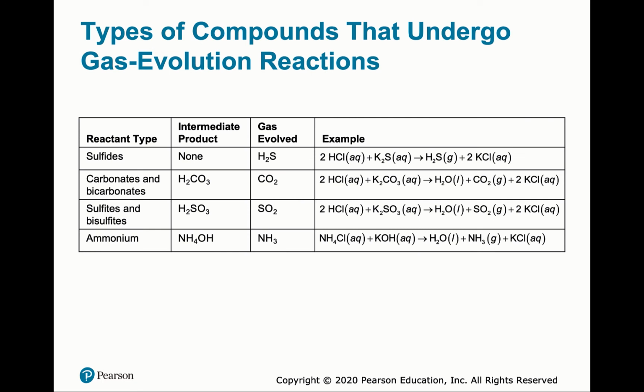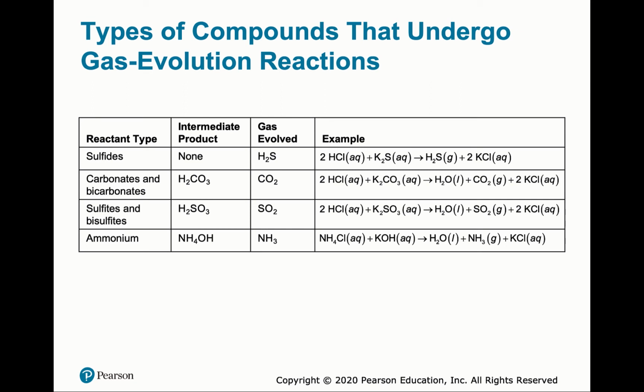So here are some types. Sulfides react with acids to form hydrogen sulfide. Carbonates and bicarbonates, remember bi means extra hydrogen, so carbonate is CO3, bicarbonate is HCO3, form carbon dioxide. Sulfites and bisulfites make SO2, which also gives me a headache. And ammonium ions form ammonia gas.